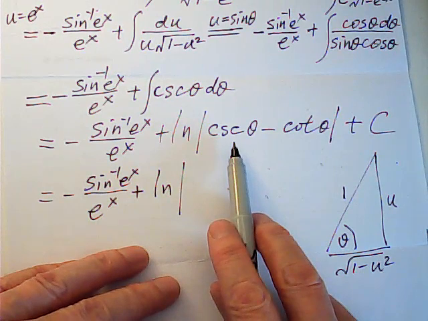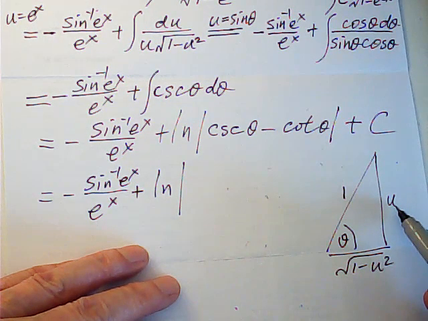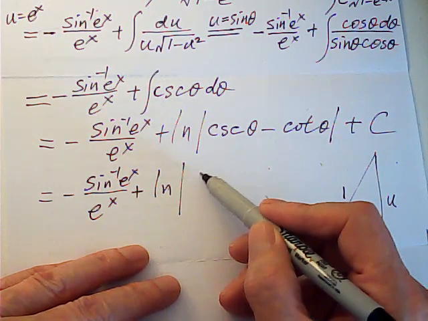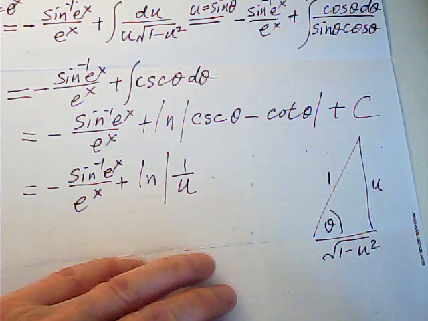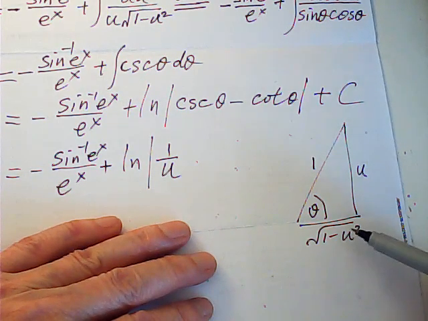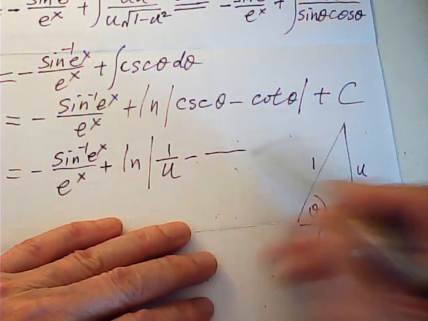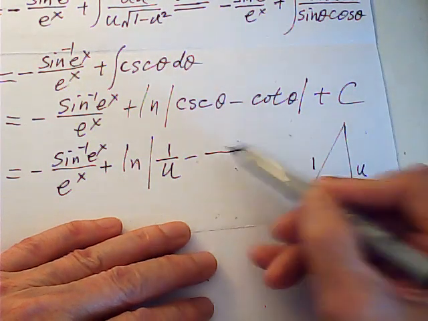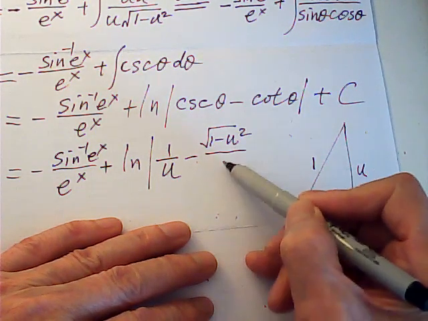Cosecant is 1 over sine. Sine is u over 1, therefore this is 1 over u for cosecant. Cotangent is this over this, right? So minus the square root of 1 minus u square over u.